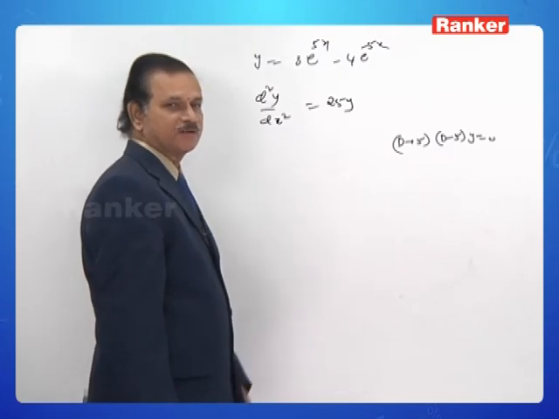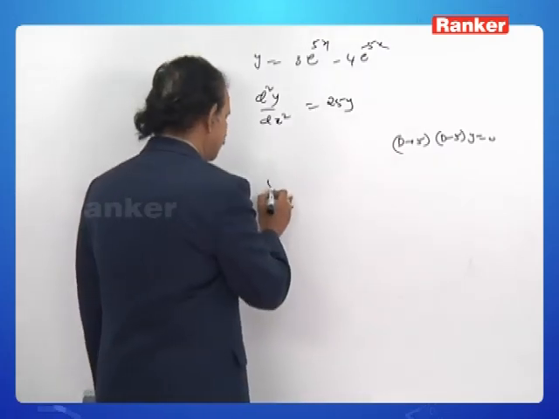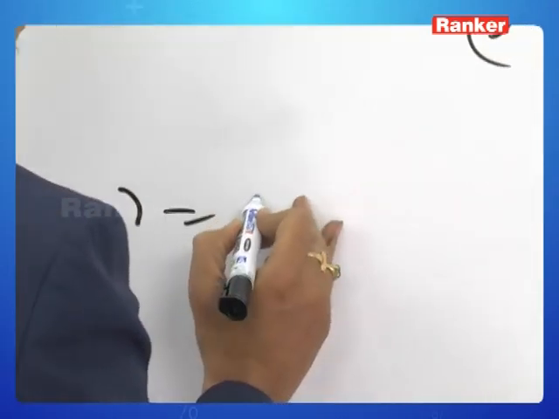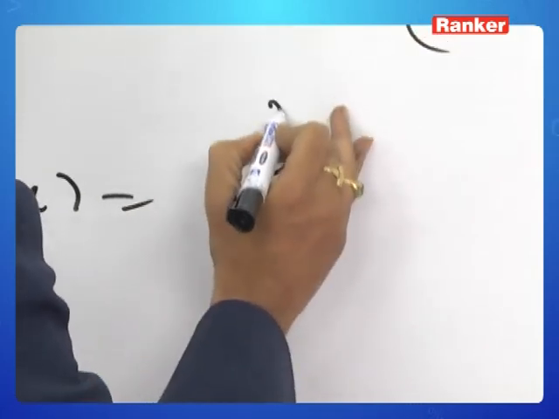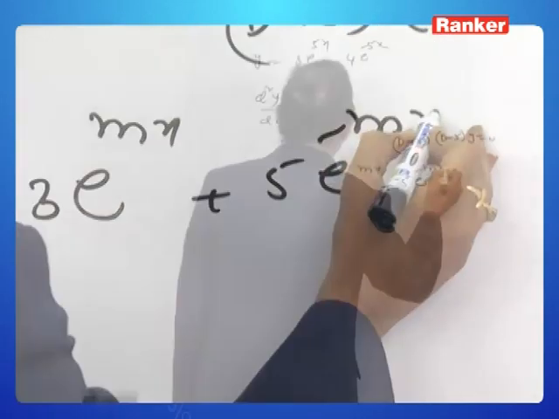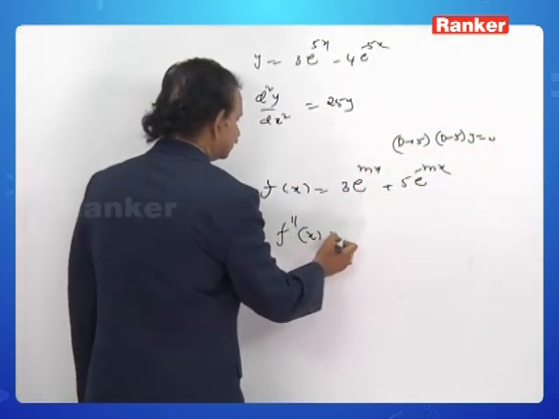With this expression, we have so many problems in our successive differentiation. Suppose f of x is equal to 3 into e power mx plus 5 into e power minus mx. Then what is f double dash x?